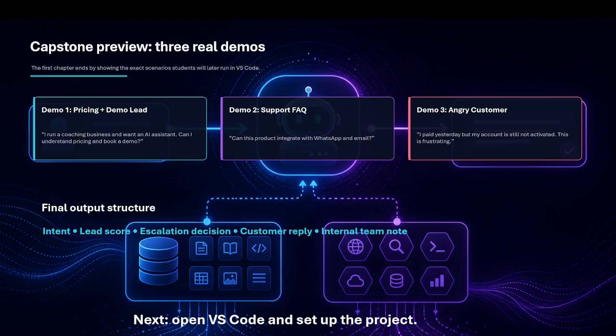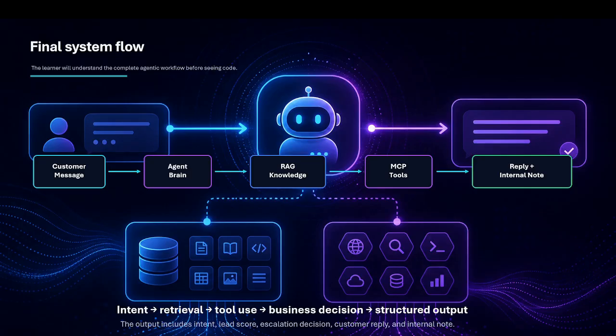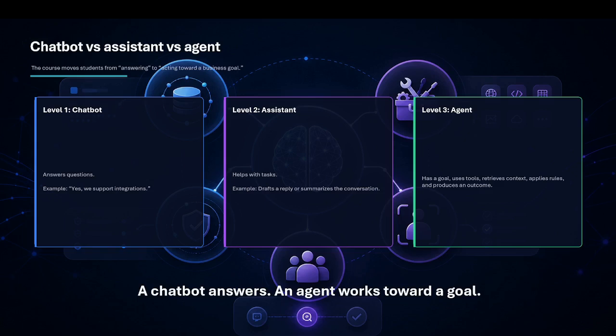It will mark the lead as high value because the user has a business use case. It will create a polite customer reply. It will also create an internal note for the sales team saying this is a strong lead and should be followed up quickly. That is the difference. We are not just generating text, we are building a workflow around the text.